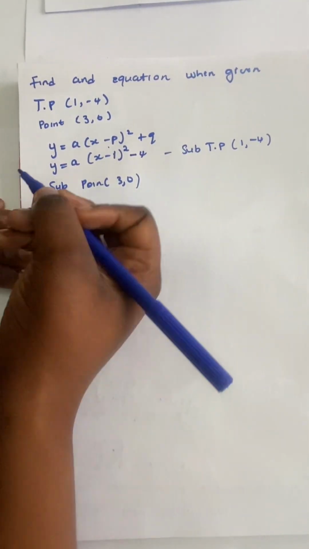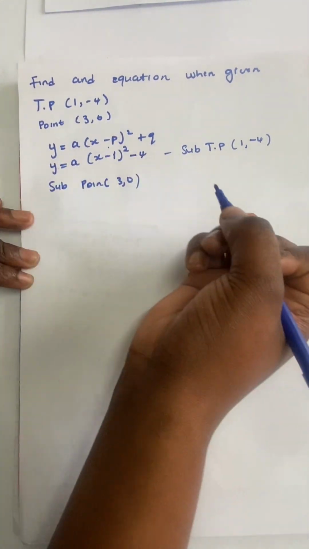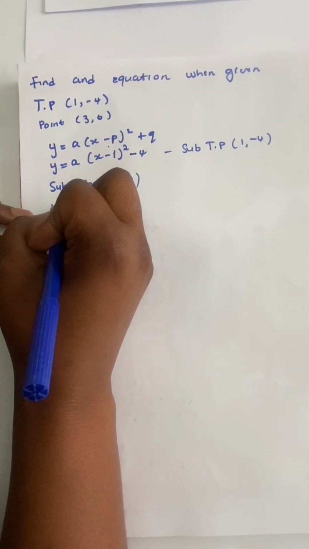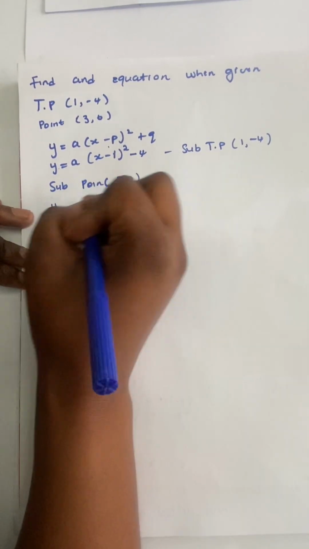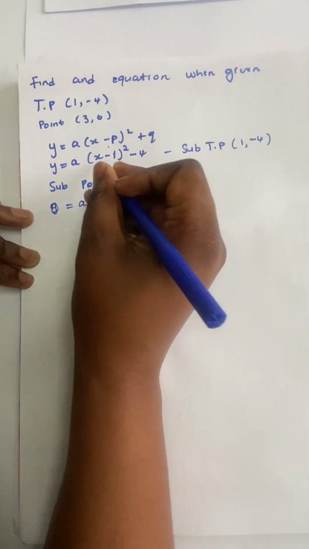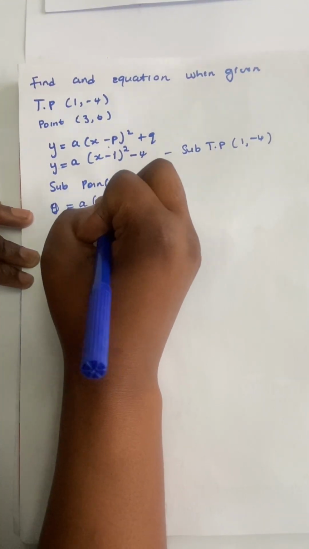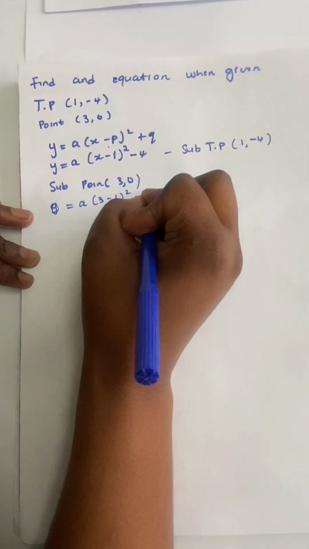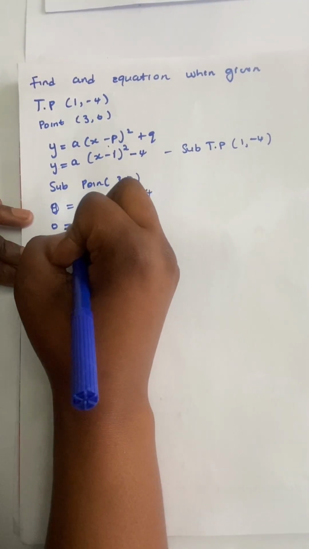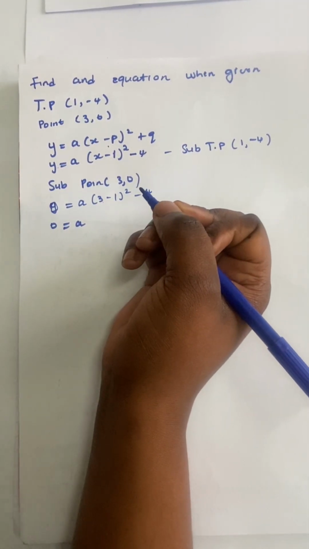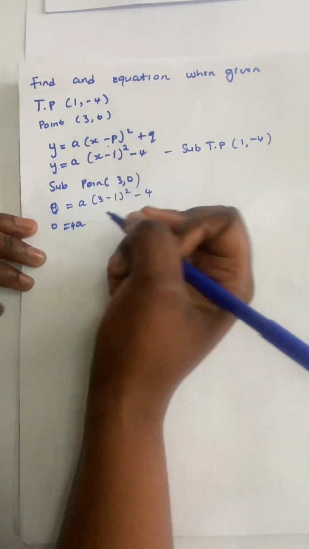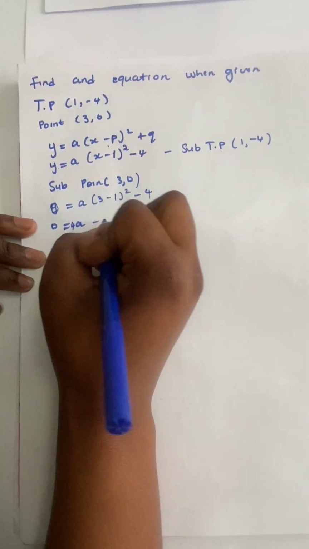So you substitute the point in this equation now: y is 0, so 0 is equal to a into x is 3 minus 1 squared minus 4. 3 minus 1 is 2, and 2 squared is 4. So it's going to be 4a minus 4.